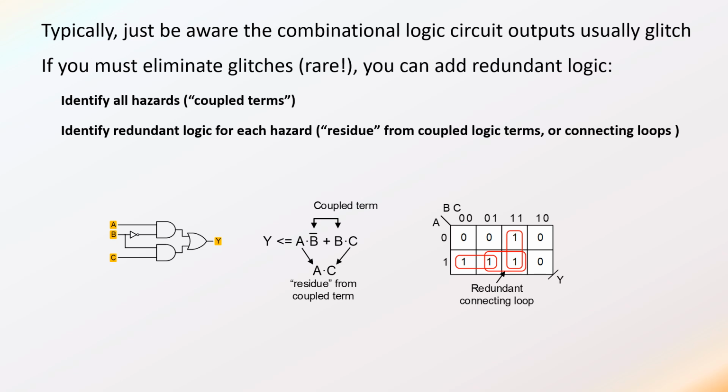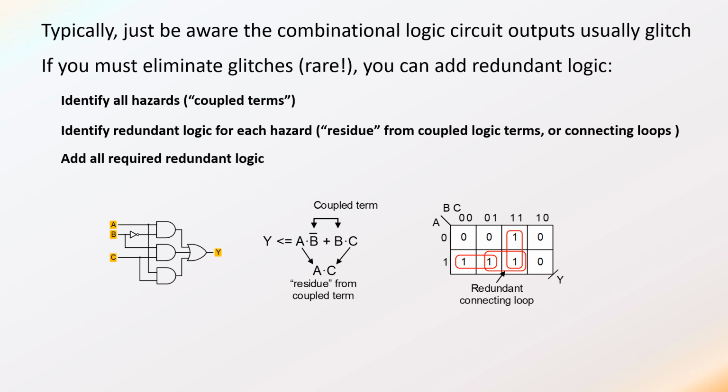If I add them back into the circuit, there's no chance of forming a glitch. Why? If you recall at the outset in the timing diagram, I said that we're going to leave A and C both high to sensitize the output Y to a change in B. So I know the signals A and C are both high.